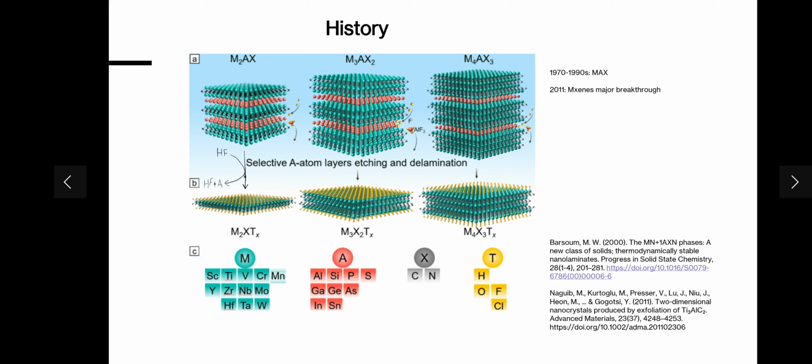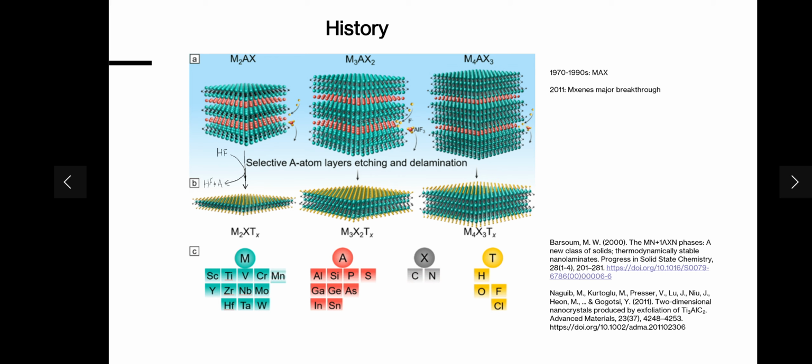It wasn't until 2011 that researchers at Drexel University, led by Yury Gogotsi and Michel Barsoum, selectively etched the A layer from the MAX phases by using hydrofluoric acid, successfully isolating a new class of 2D materials that we now know as the MXenes.